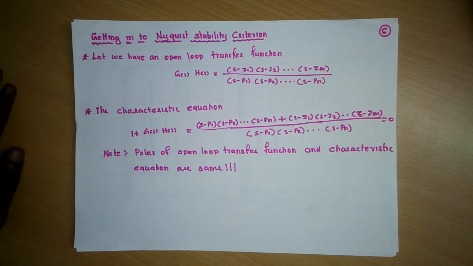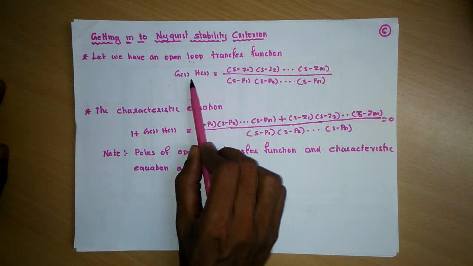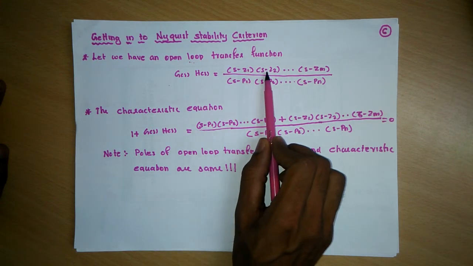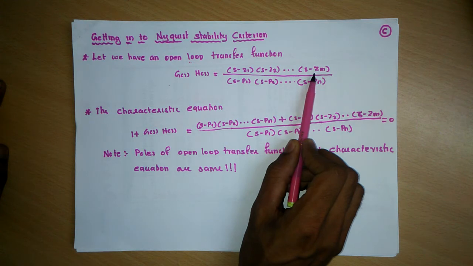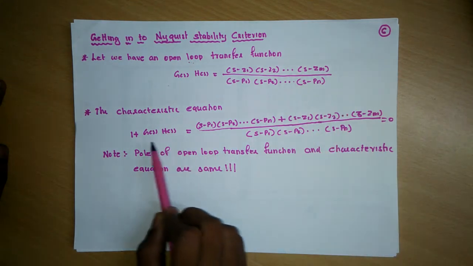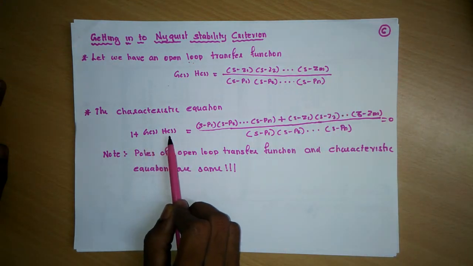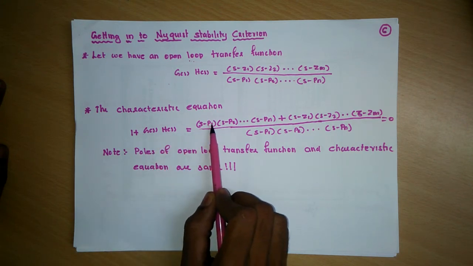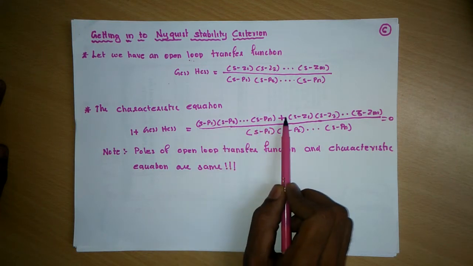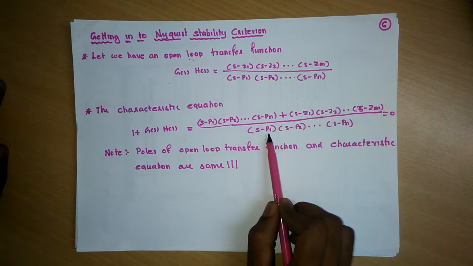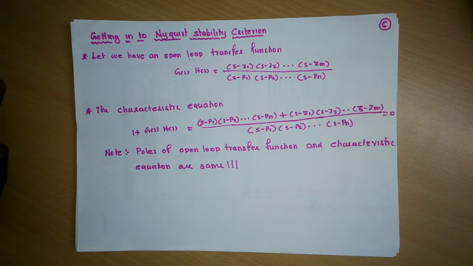So, getting into the Nyquist stability criterion, let's assume an open loop transfer function as we have discussed earlier. G of S H of S is equal to (S minus Z1)(S minus Z2) up to (S minus Zm), the whole divided by (S minus P1)(S minus P2) up to (S minus Pn). The characteristic equation of this system can be written as 1 plus G of S H of S, which will be turned around as [(S minus P1)(S minus P2)...(S minus Pn) plus (S minus Z1)(S minus Z2)...(S minus Zm)] divided by (S minus P1)(S minus P2)...(S minus Pn).